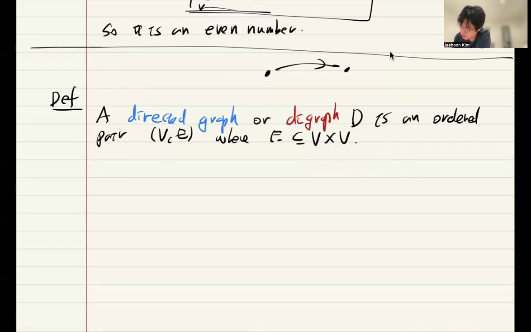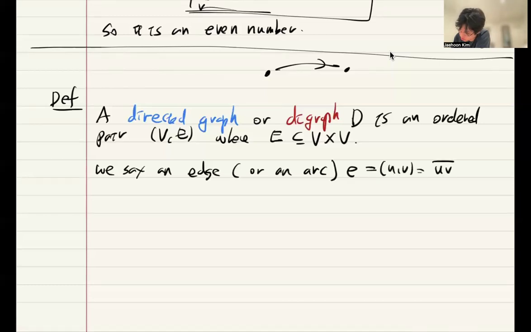So this is what we call a digraph. And we say an edge, or directed edge, or sometimes we call it an arc, (u, v), or you write u to v with the arrow on top.